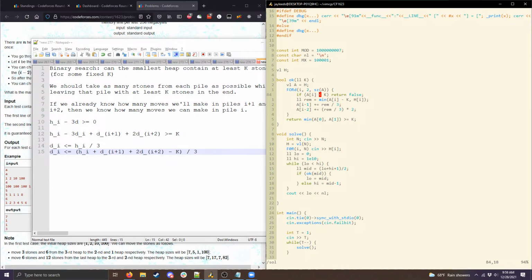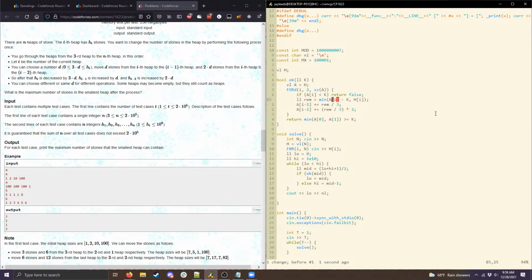Otherwise, I figure out the minimum number of stones we can take away, which is the lesser of either the number of stones we have in excess of k before we perform any operations, or the original number of stones in the pile, because h is storing the original number of stones and a is going to store the final number of stones after the operations. Then I just perform an operation with d equal to rem over 3. And as long as the last two piles both have k stones, then we're good to go.